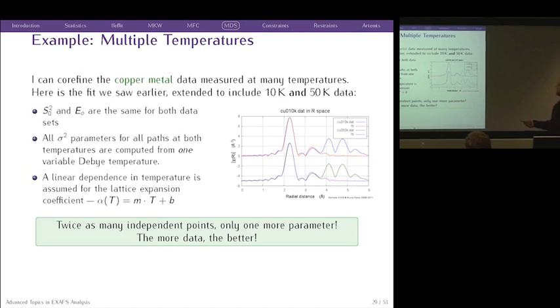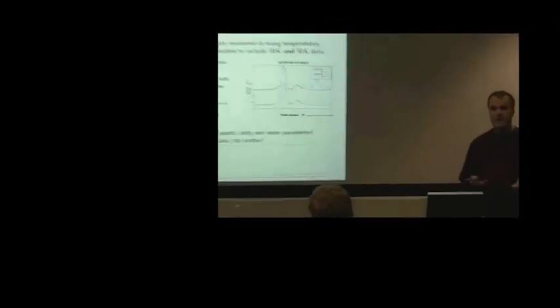So we have data at two different temperatures here that we can co-refine together, but we can't use the same lattice expansion coefficient at the different temperatures because the lattice expansion coefficient should be temperature dependent. So if we assume that the lattice expansion is just simply linear in temperature, which isn't a horrible approximation, it's probably not quite right, but it's not a horrible approximation. And certainly if you have two temperatures, you can make a line between 2 points regardless of what the functional form is. So as long as I have two temperatures, this is fine.